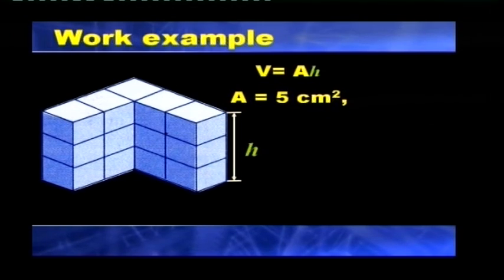I have given you the area of the base, which is 5 square centimeter. Now using the diagram, try to identify the height. Let's find the height first, and then we come to finding the volume of the prism.